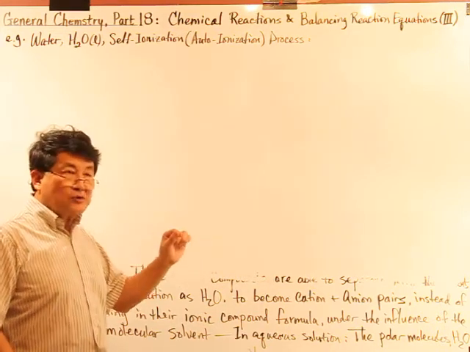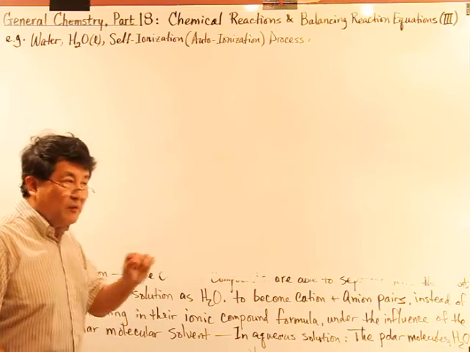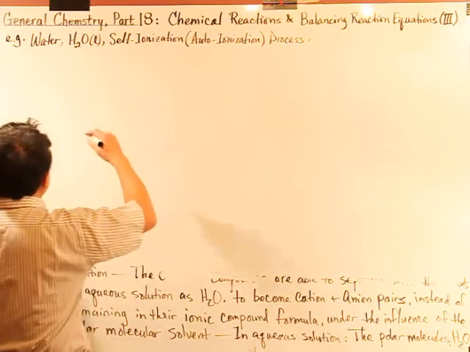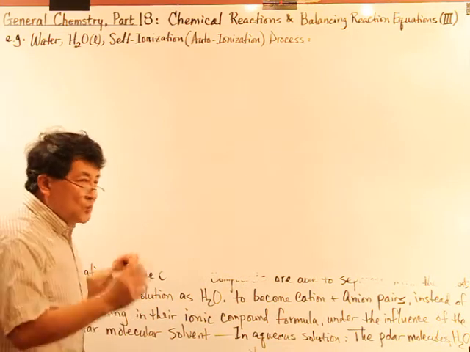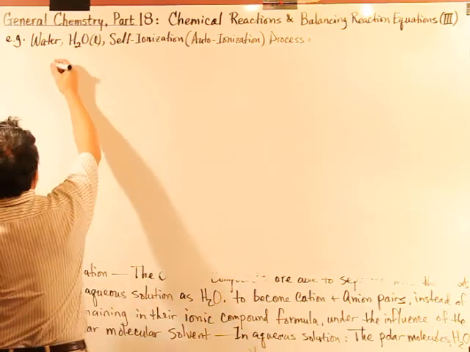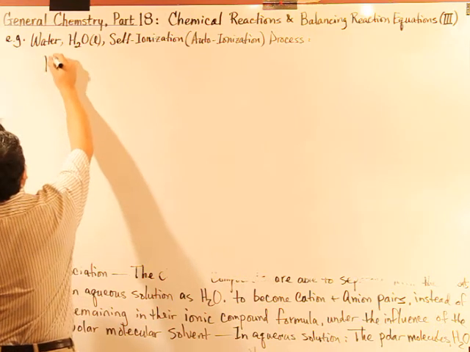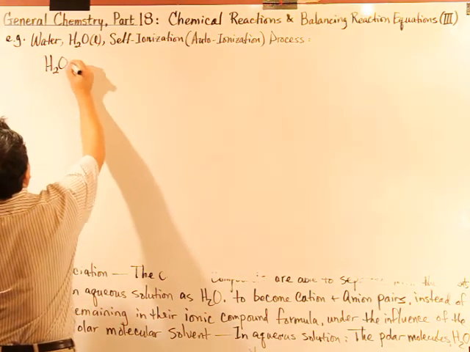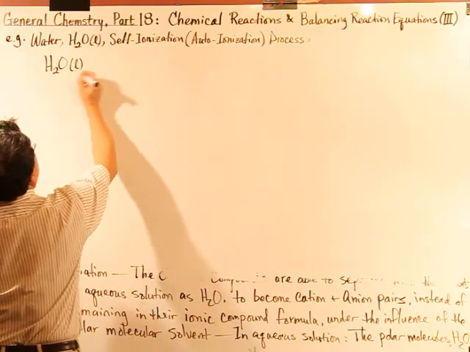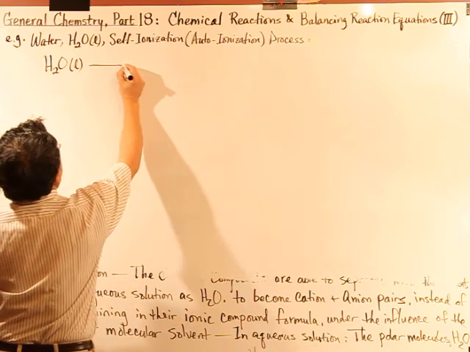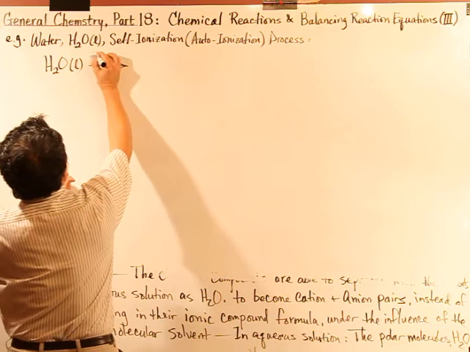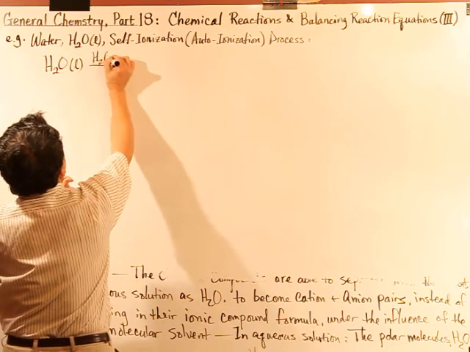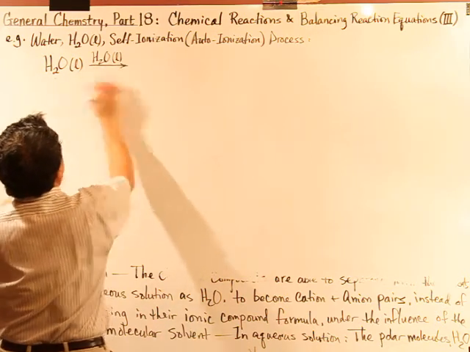Hydronium and hydroxide cation-anion pairs. So what are we going to do, writing a chemical change equation? It's going to be water. Now what's the physical state? Liquid, right? You dissolve in other waters. You just pick another water, now basically two, right?